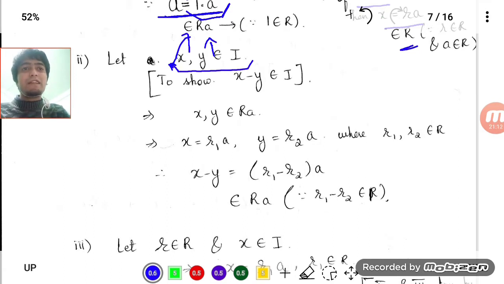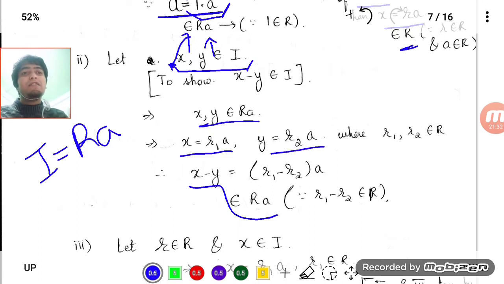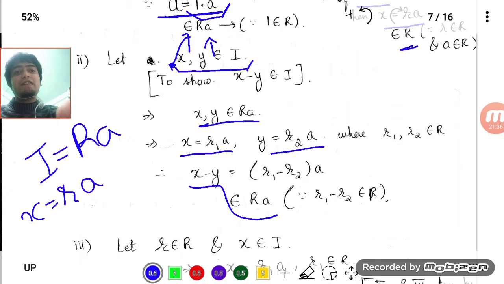Condition 2: if x, y belong to I, then we have to get x minus y belongs to I. Again, I repeat, in this example I is equal to RA. So x, y belong to RA, so x will be r1A and y will be equal to r2A. Some of you may be confused. You may write it as x equal rA and y equal rA.